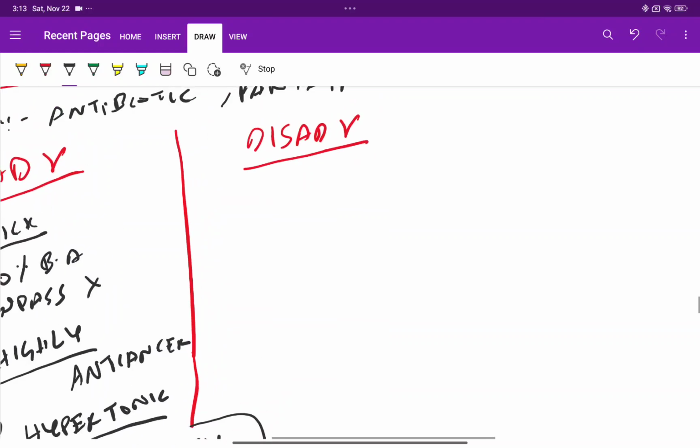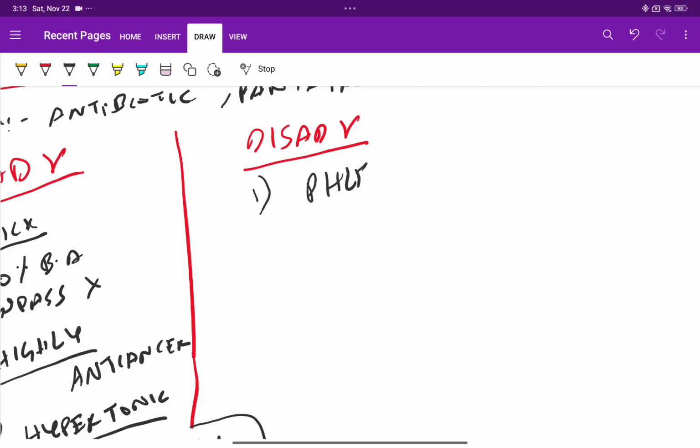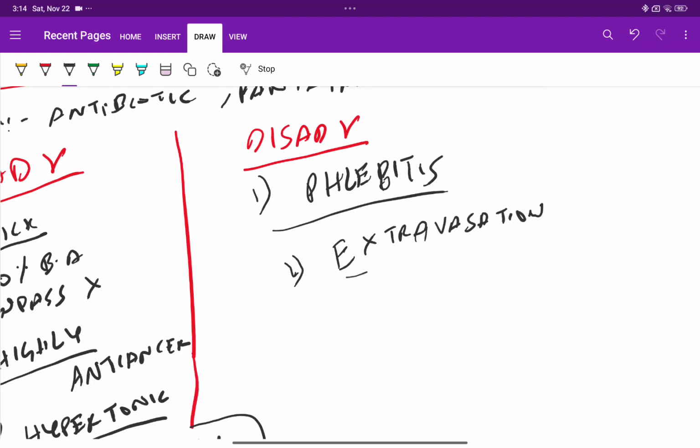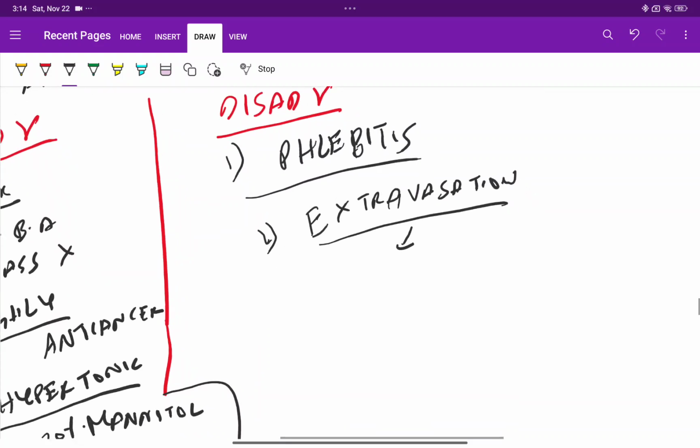Then what are the disadvantages? There are few disadvantages. See, there is a chance of phlebitis. Phlebitis means inflammation of the veins. Okay, it's common when we give IV routes. Then sometimes with few drugs there can be extravasation.